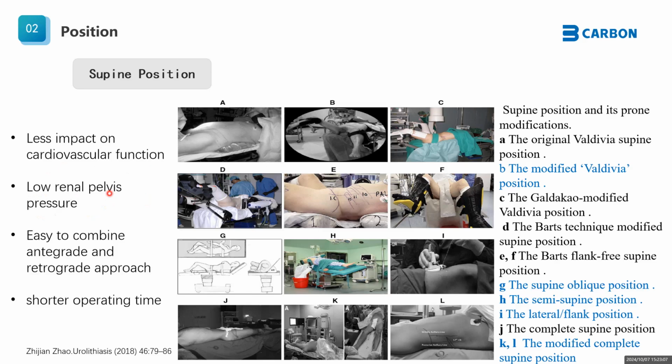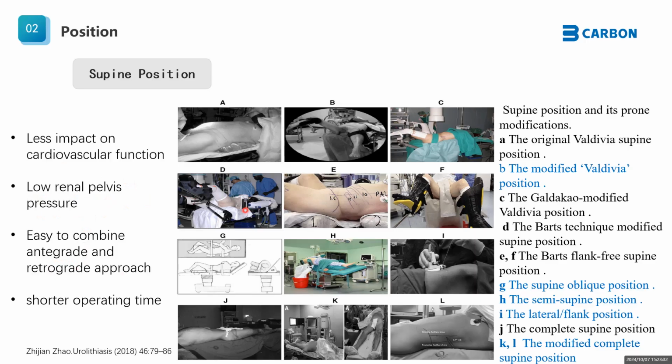If the renal pelvis pressure is higher after the surgery, there are a lot of complications, mostly infection. So this is why some doctors choose this supine position, and it is easy to combine antegrade and retrograde approaches.